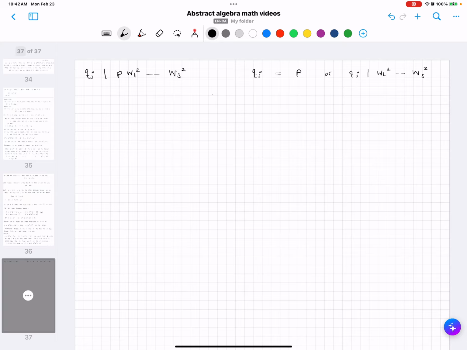So Qj is equal to P, or Qj is equal to Wi for some i. If Qj is equal to P, we are done.